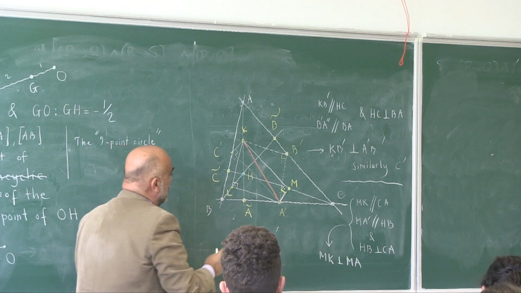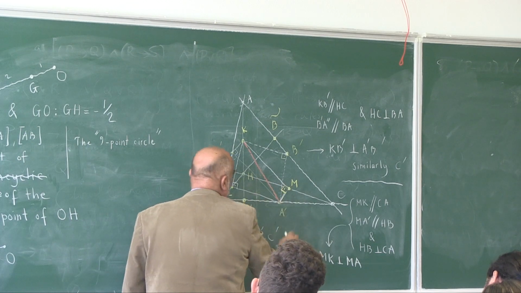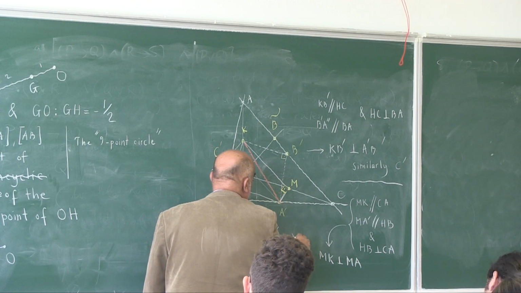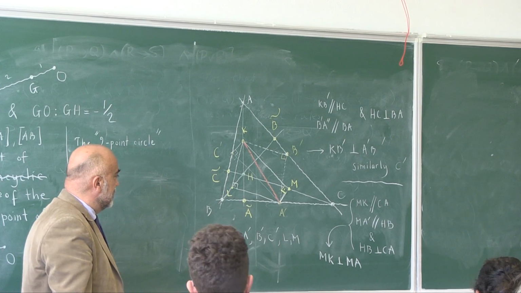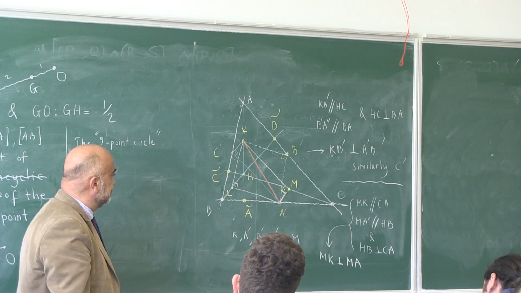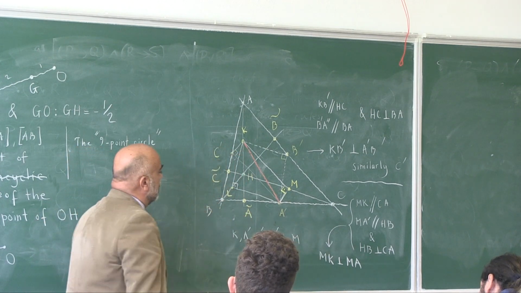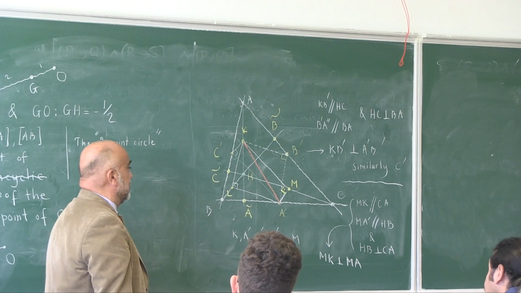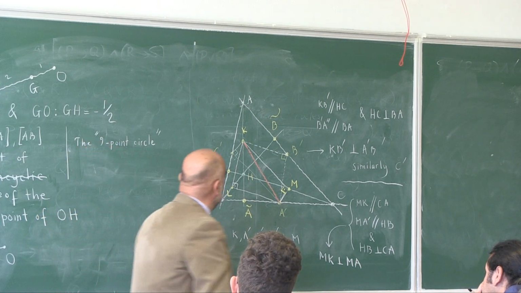So I've got L and M. Well, I'm almost complete. I've already got how many points? K, L, M, A prime, B prime, C prime. Now there's a very easy one.